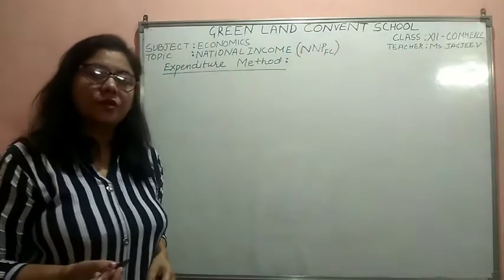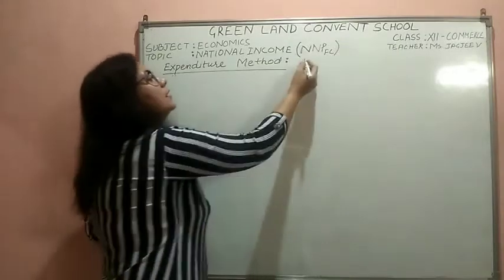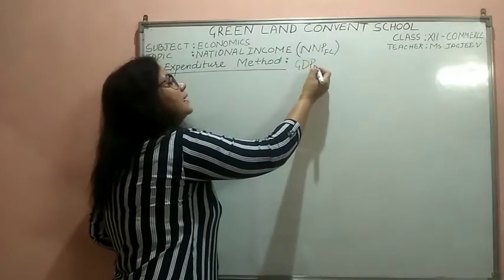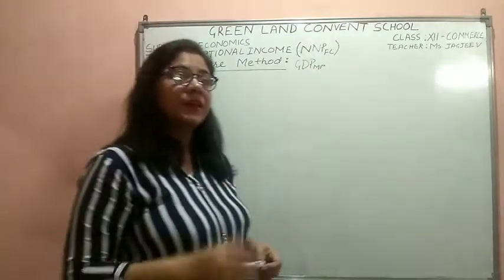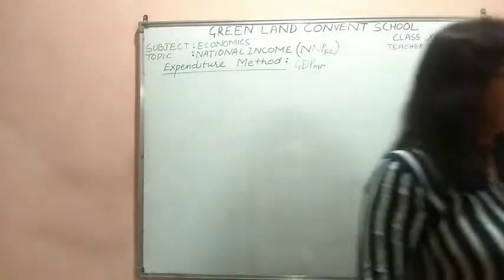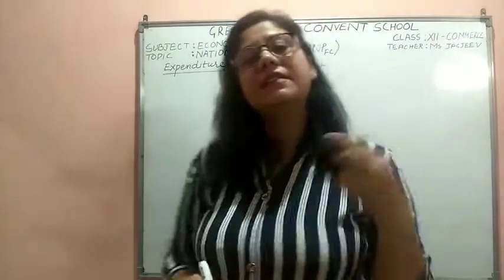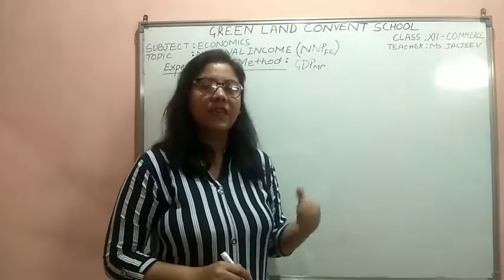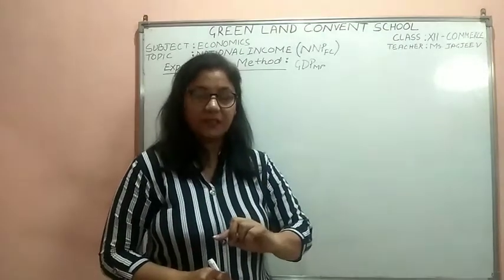Now if we have to find out the expenditure, if we have to continue with the expenditure method, then we need to find GDP at MP. Students, what we have done with the production method, what will we be finding? We would be finding GDP at MP. With the income method, we had found NDP at FC.